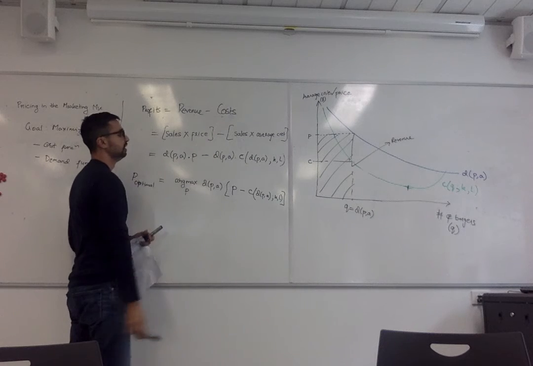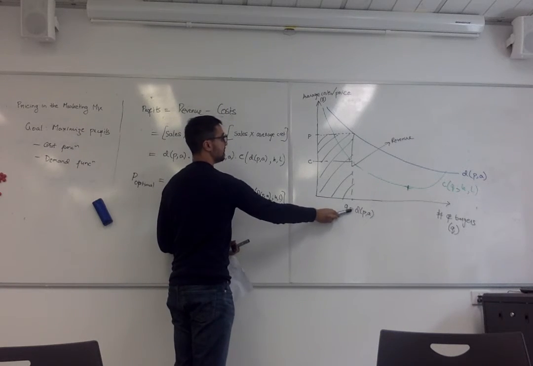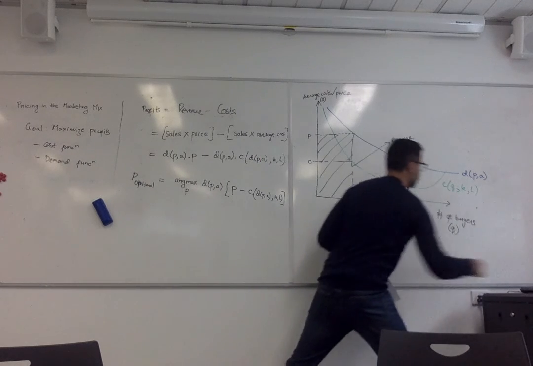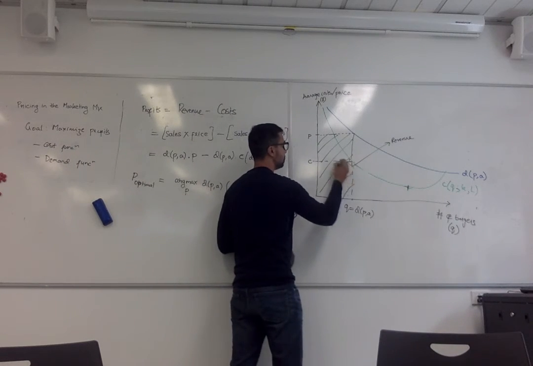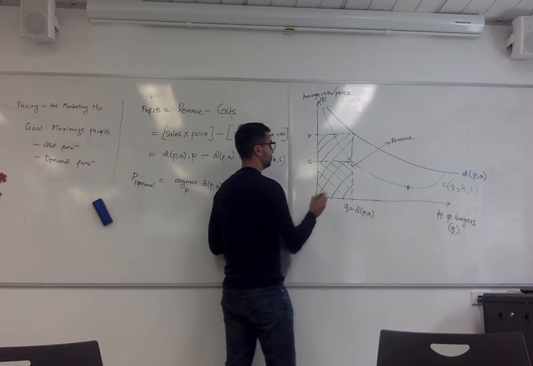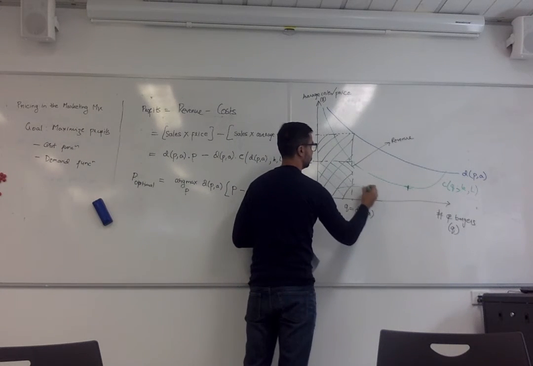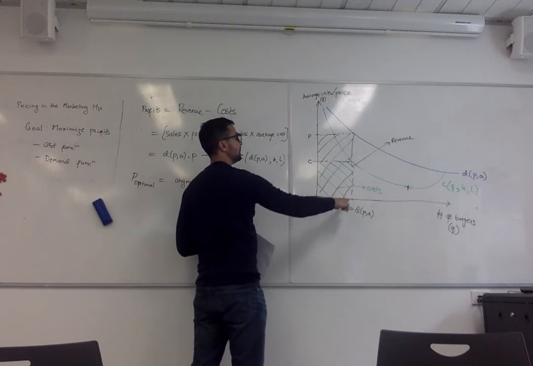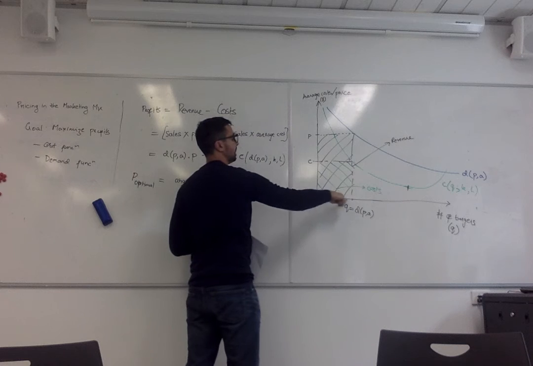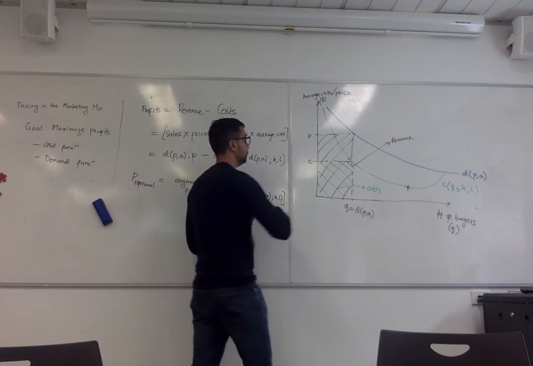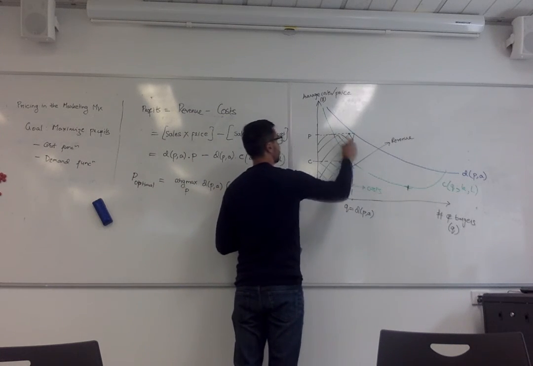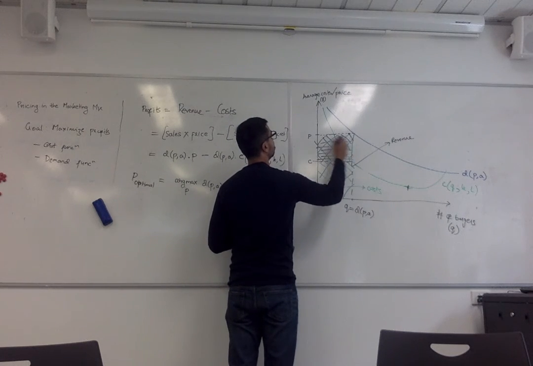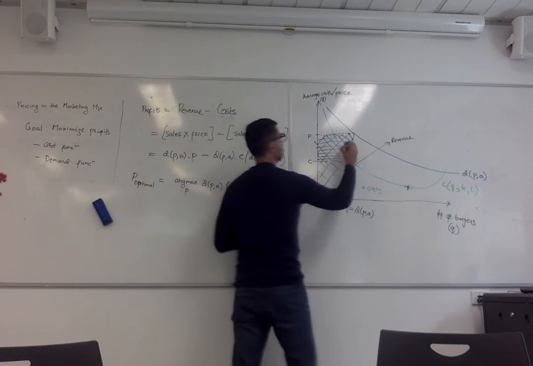Similarly, costs can be given by sales times the average cost, which is the area under this smaller rectangle, and so the difference between the area of this bigger rectangle and the area of the smaller rectangle basically gives us profit.